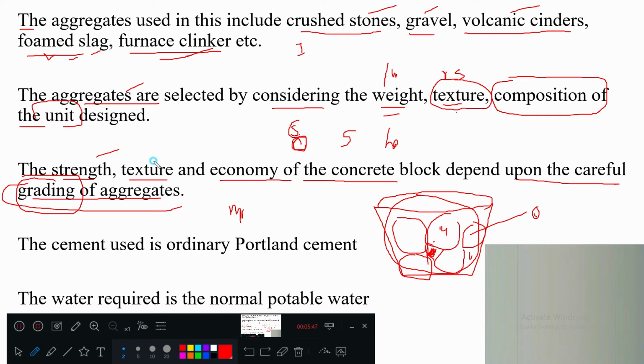So strength, texture and economy always depend upon grading. Proper grading means very few voids, completely filled by aggregate, which means it is very strong. If voids are more, its strength is reduced. So this is for aggregate.